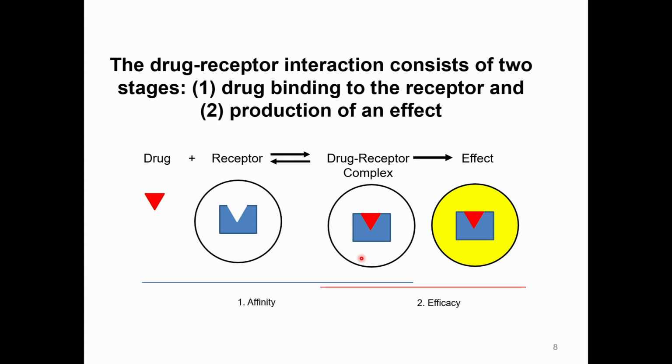So once again, receptor occupancy, we've talked about this before, but you have a free drug and a receptor, and they get together and interact. The drug binds to the receptor, and you have a drug receptor complex. That's great. And so that is more of an affinity consideration there.